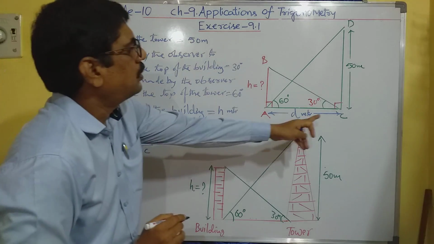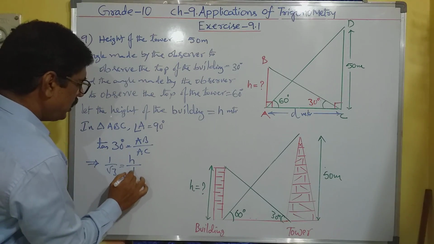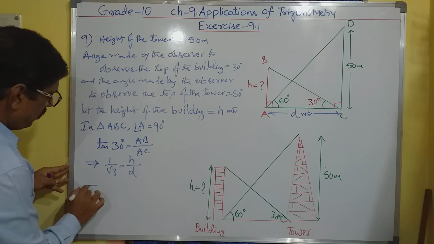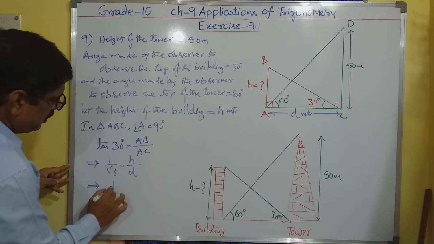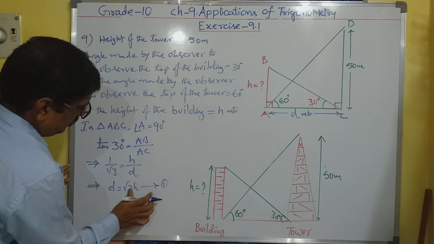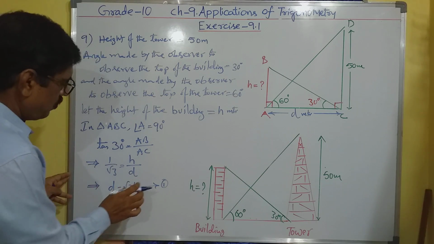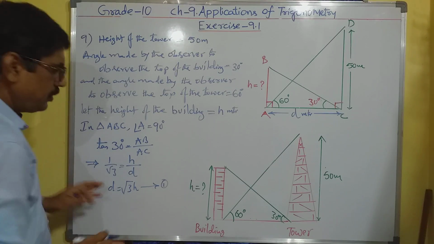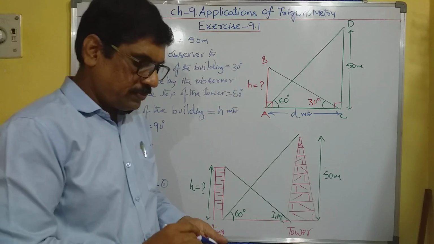And the adjacent side also we don't know, D. So let us cross multiply. D is equal to root 3H. Say this is 1. So we have got one value of D in terms of H. Let us keep like this as the equation 1.